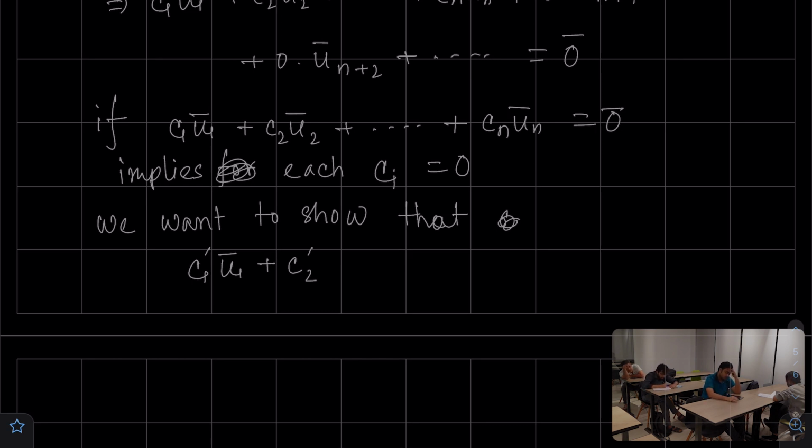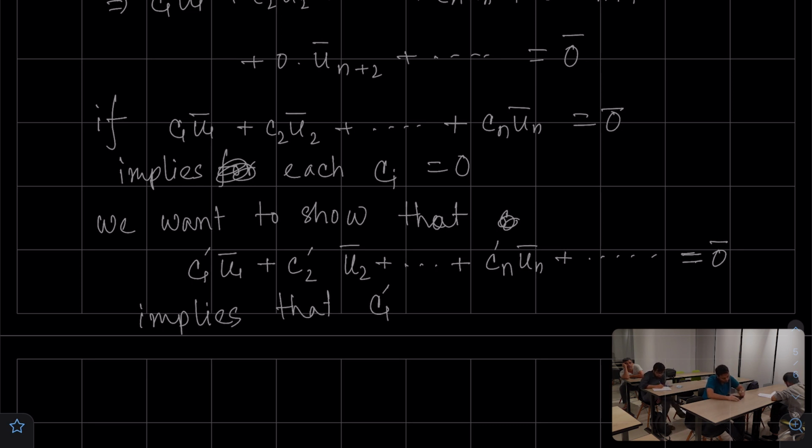Now you write c1 prime u1 vector plus c2 prime u2 vector plus ... cn prime un vector plus the infinite sum is equal to 0, which will imply that c1 prime equal to c2 prime equal to cn prime equal to the rest, equal to 0.